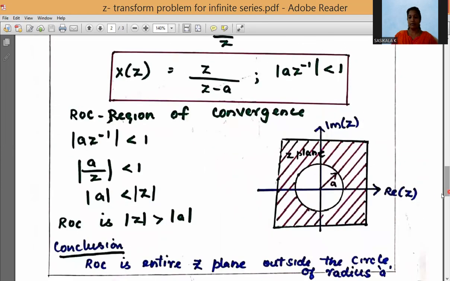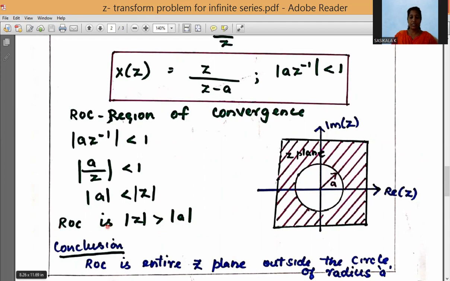And this is the pictorial representation. So here you will be having the real part of z and the imaginary part of z, and this is the z plane. So here I'm having a. Take a as the radius, so you'll be getting one circle.